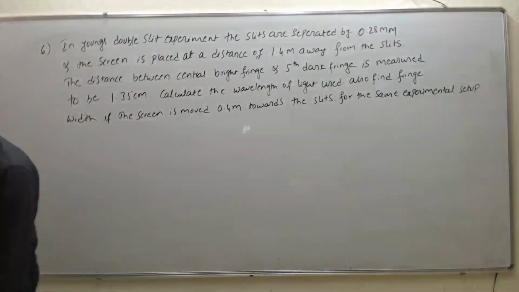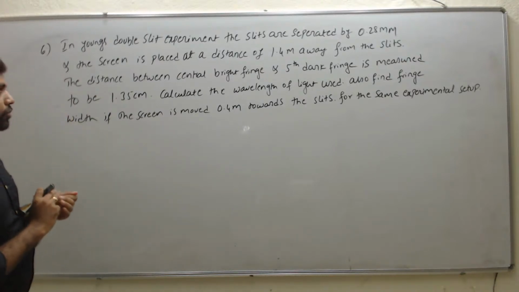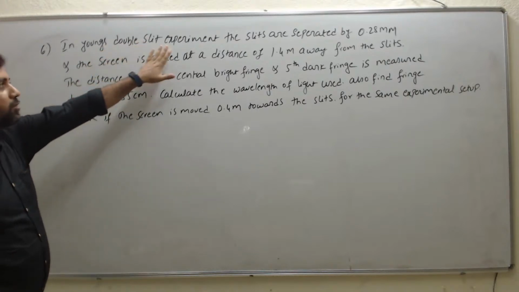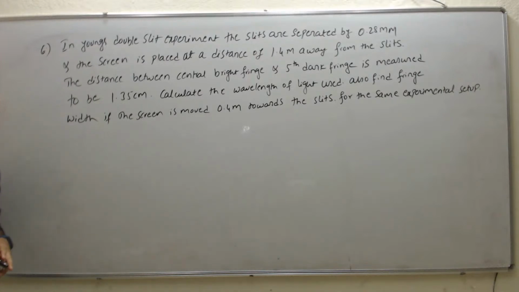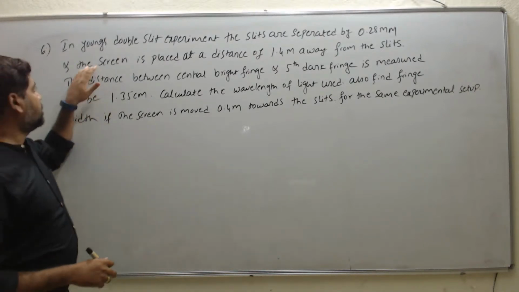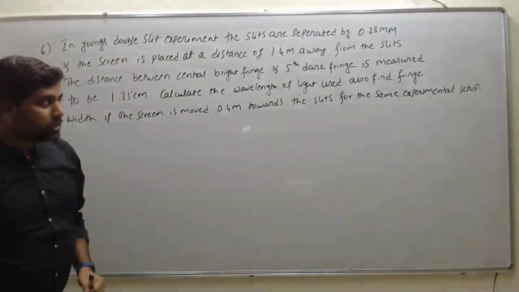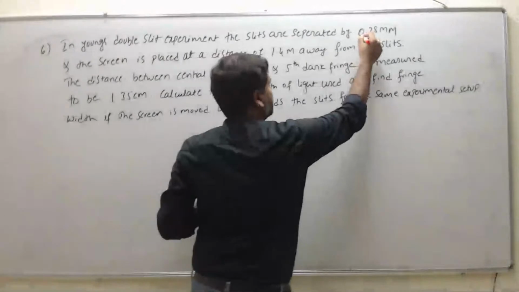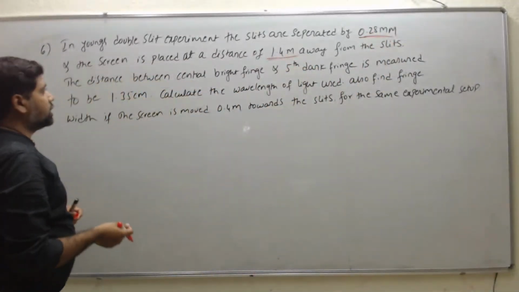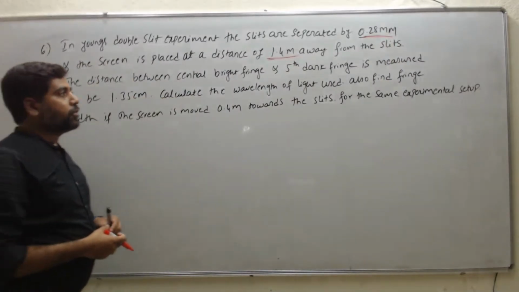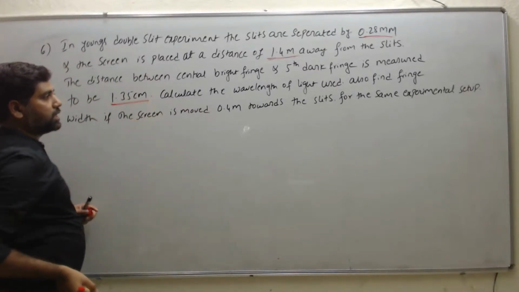So here we need to find two things. Here they have given the same experiment, Young's double slit experiment. The slits are separated by 0.28 millimeter, and the screen is at a distance of 1.4 meter away from the slits. That is, here they have given small d, and here it is capital D, and the distance between the central bright fringe and the fifth dark fringe is measured to be 1.35 centimeter.